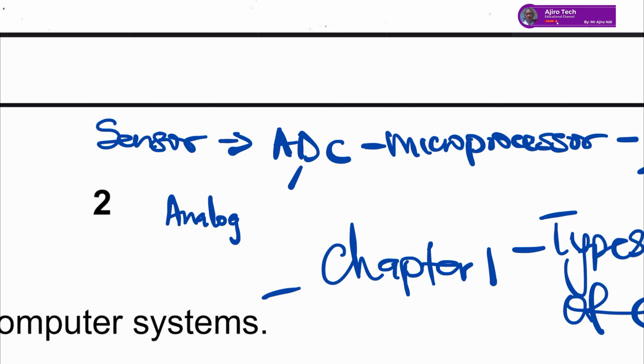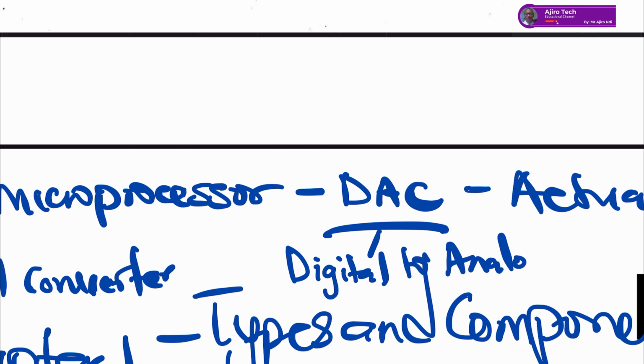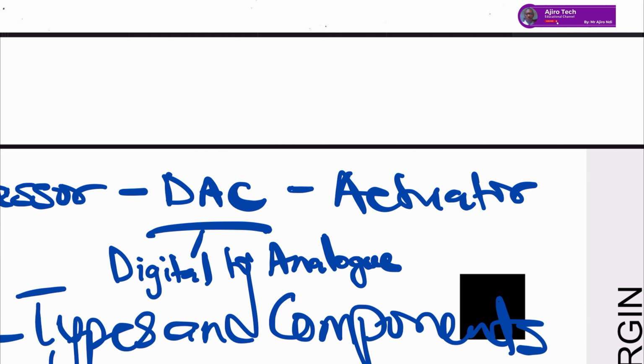And this right here, the DAC, means digital to analog converter. That's what this means. So we can see that this can be used in controlling systems.